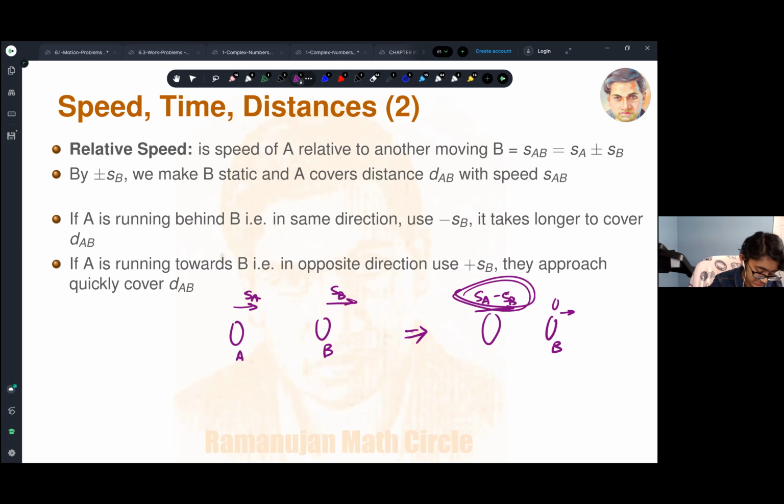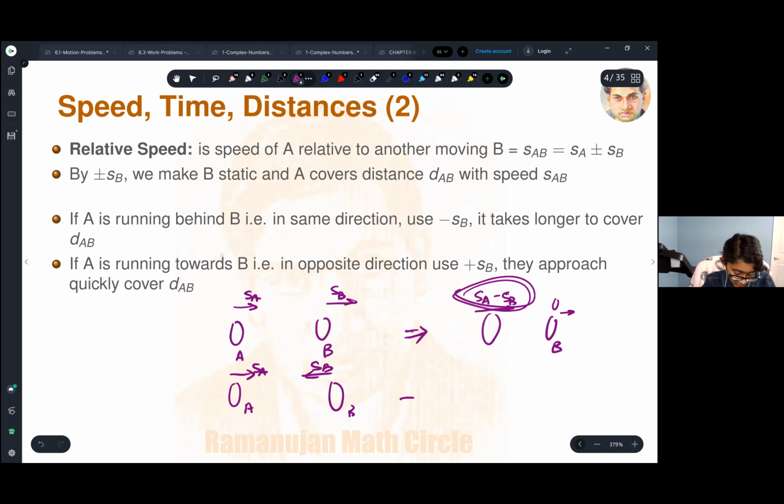What if A is running towards B? So what if it was like this, and it's SB in this direction, and SA? Well, in this case, if we reduced B to 0, then that would actually mean adding SB in this direction. So we're going to count this as a positive, and we're going to count this as a negative.